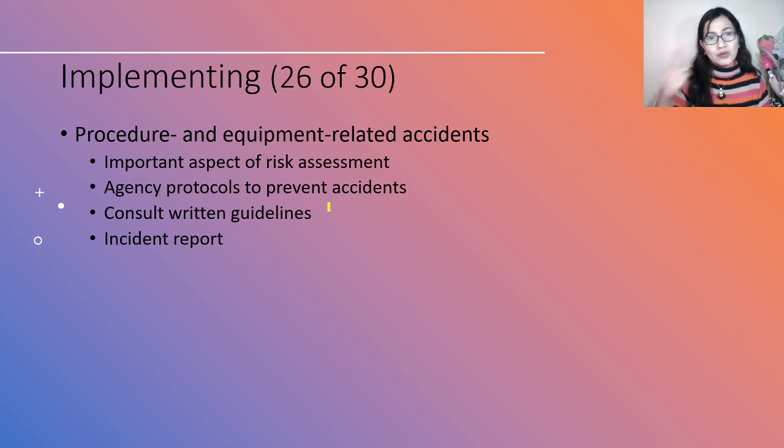So this is going to be part of the assessment. Also, if for example there has been an accident, consult written guidelines, and make or submit an incident report as to what happened. Okay?